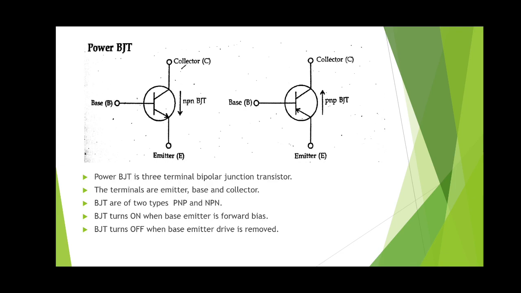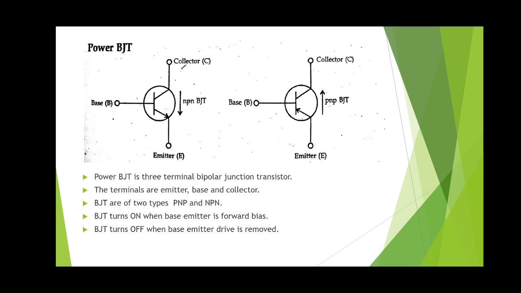These are widely used in switched mode power supplies and in PWM inverters, that is the pulse width modulation inverters. So the symbol shows that the three terminals are emitter, base and the collector.